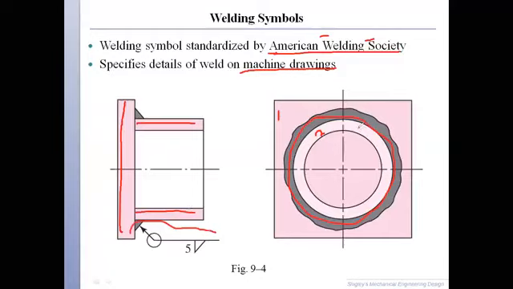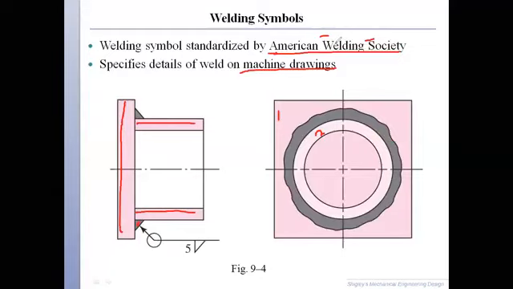This means that this is a fillet weld on the outer side. Okay? So this is the symbol for the fillet weld, and it has a thickness of 5 millimeter, and it is done around the part. Okay? And there is an arrowhead that points to the weld in the drawing.